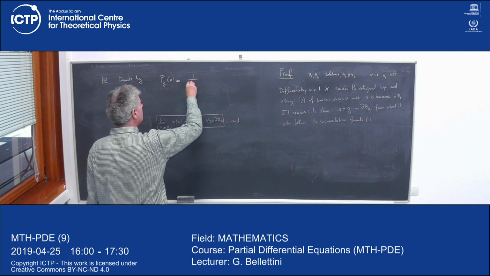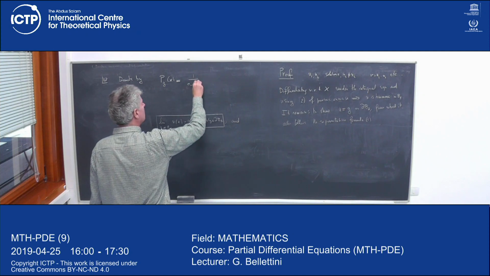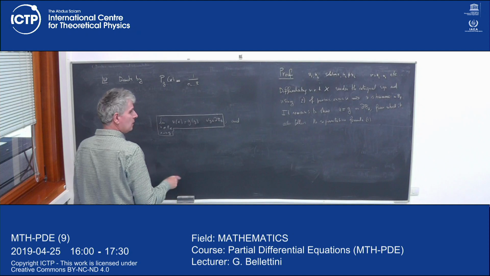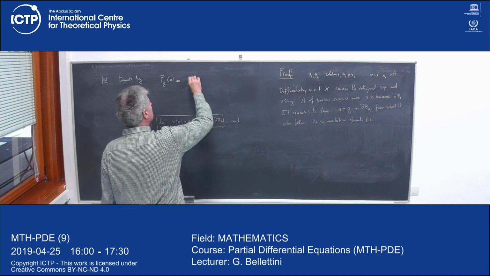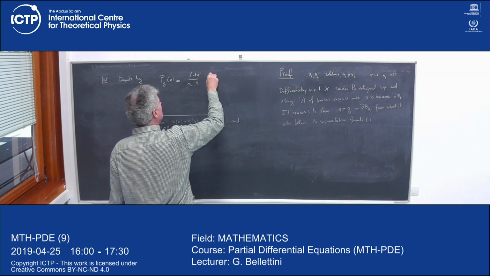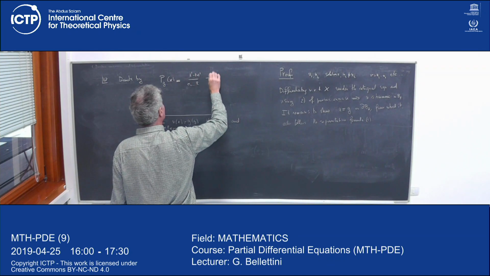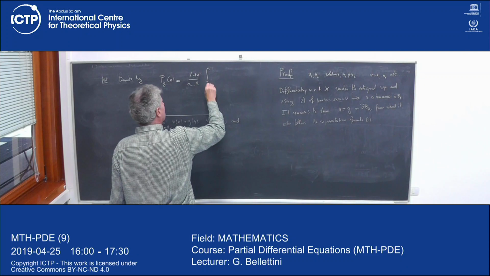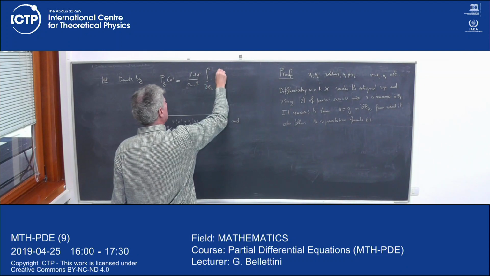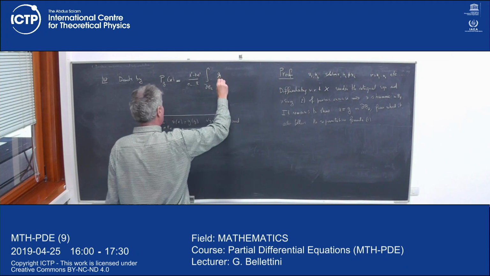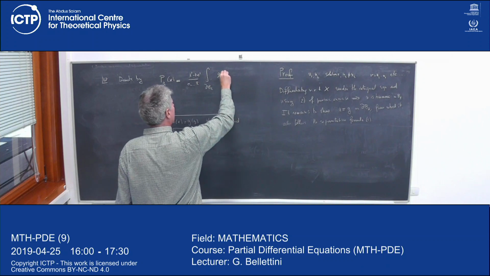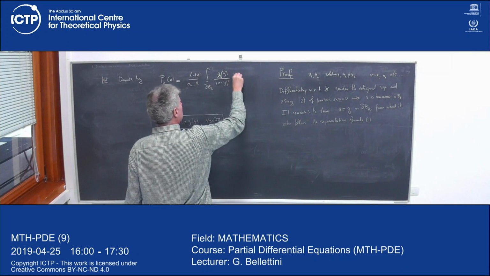So 1 over sigma minus 1 r, r squared minus x squared, 1 over the integral of G of y over |x minus y|.